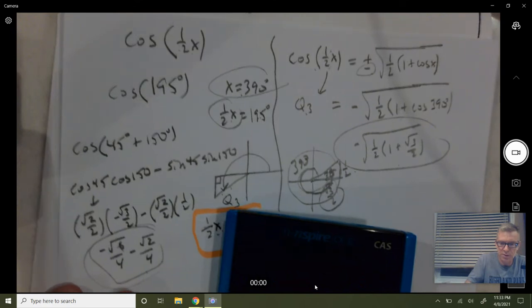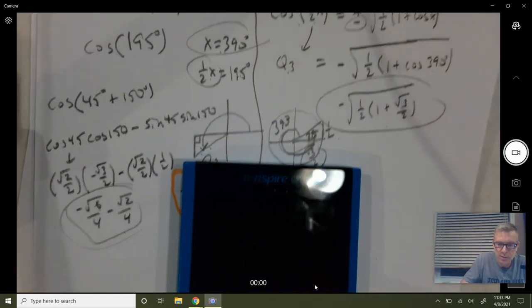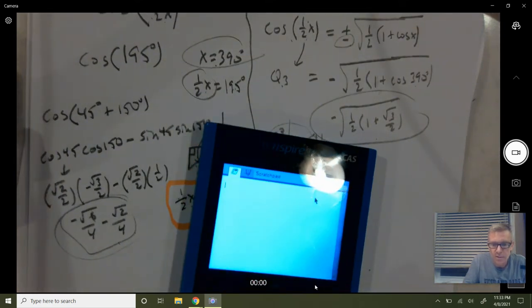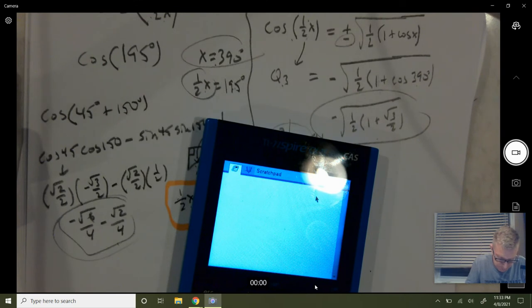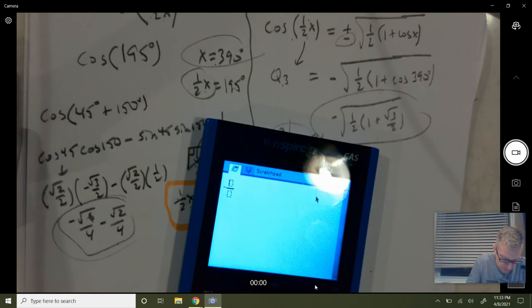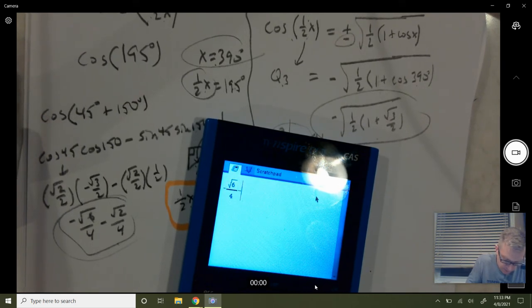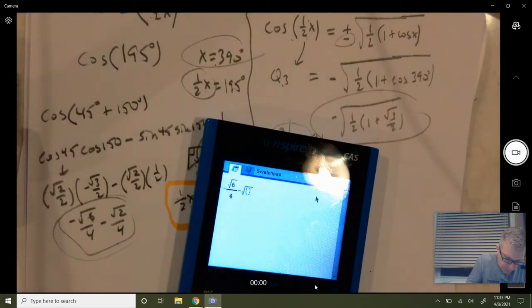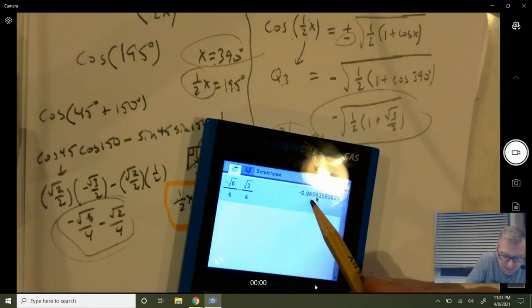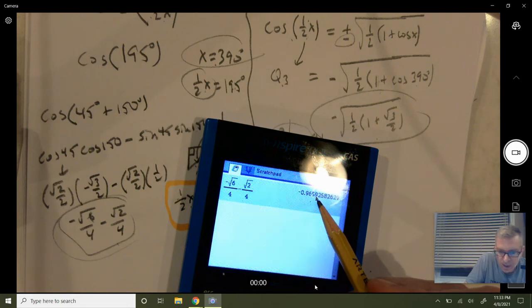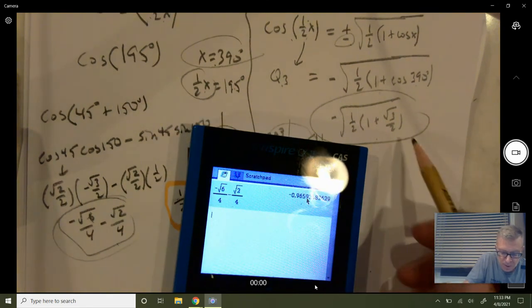Okay, so let's plug those both in the calculator. I've got negative, control divide, rad 6 over 4 minus rad 2, control divide, over 4, control enter. I get negative 0.9659. Okay, and then let's plug this in the calculator.